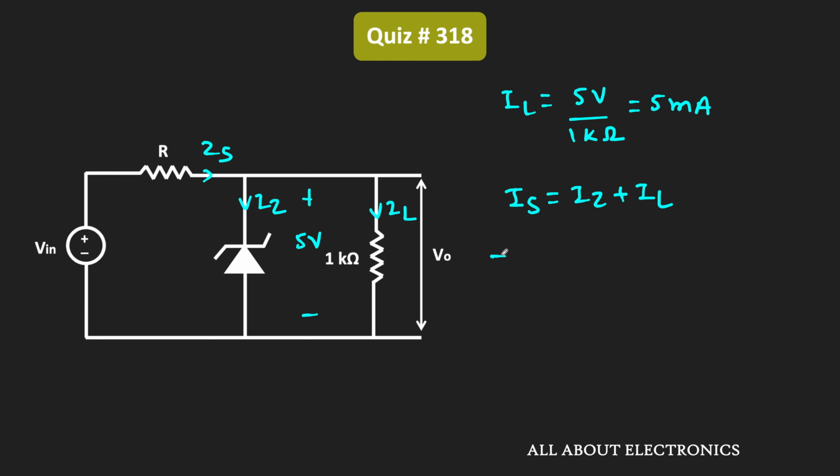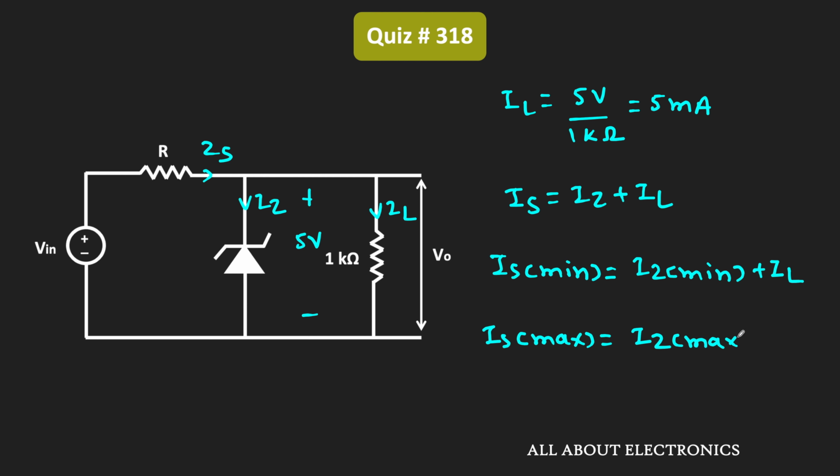So we can say that this Is minimum is equal to Iz minimum plus IL. Similarly, the supplied current will be maximum when the current through the Zener diode is also maximum. That means Is maximum will be equal to Iz maximum plus IL.